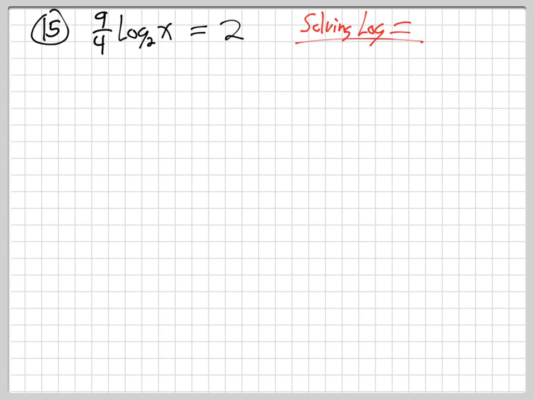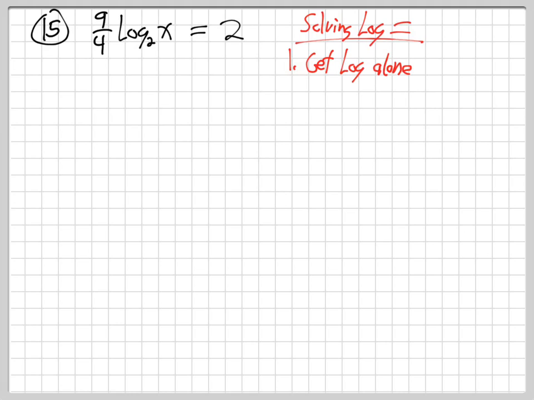So number 15. 9/4 log base 2 of x equals 2. Okay, so solving logs with an equal sign, log equation, step 1. Get the log alone. So is the log alone?